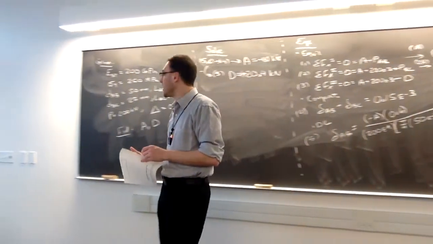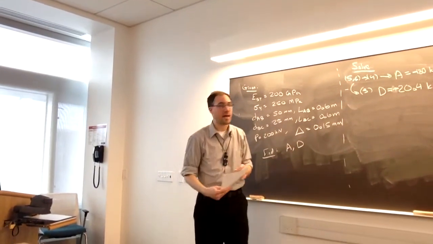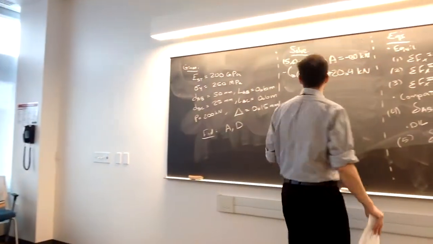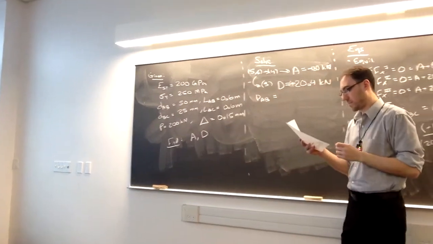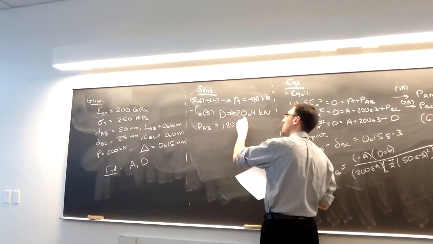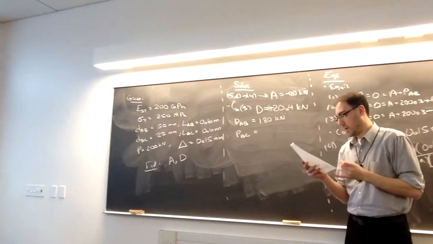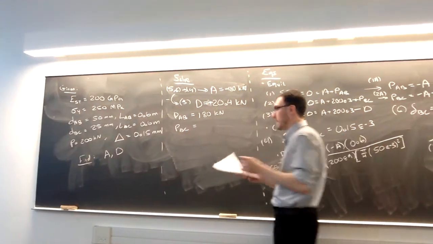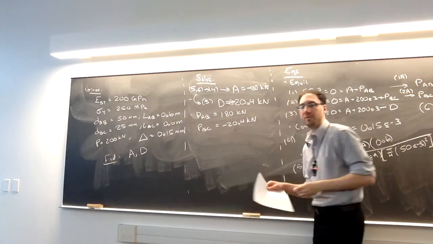We have A, we have D. We've answered the main question: what is the external force at A and the external force at D? Along the way, we can find P_AB, which is positive 180 kilonewtons, and P_BC is negative 20.4 kilonewtons.